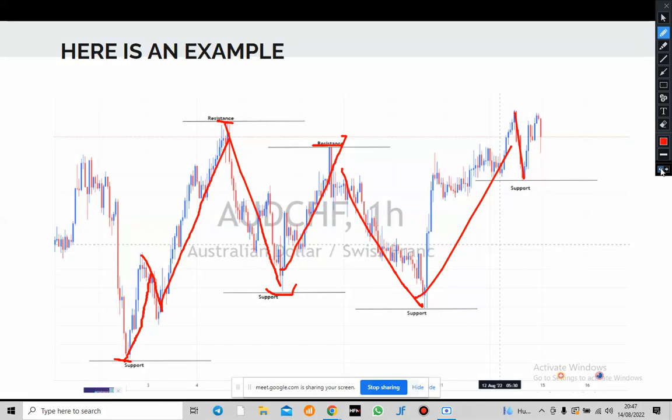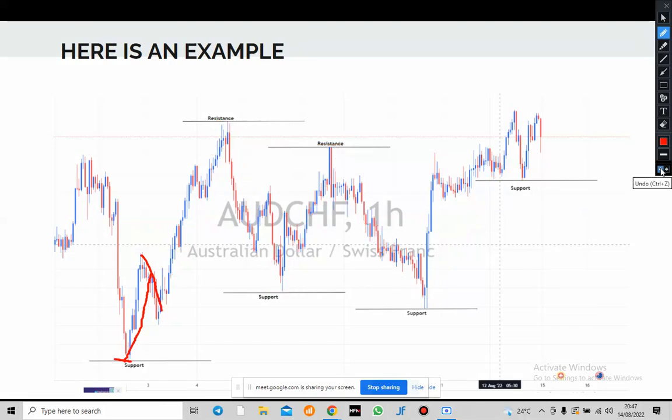So you can see how the market is creating support and resistance. But what else can you see on this chart? We have this resistance, we have this support, and so on.